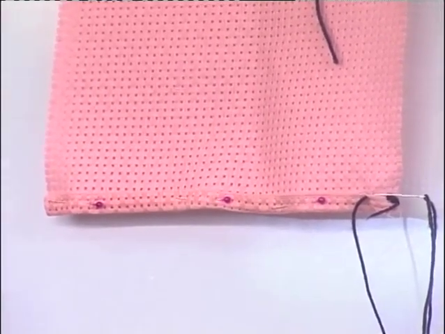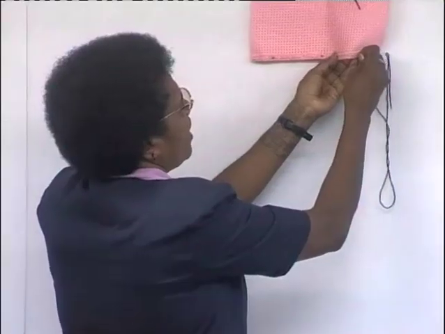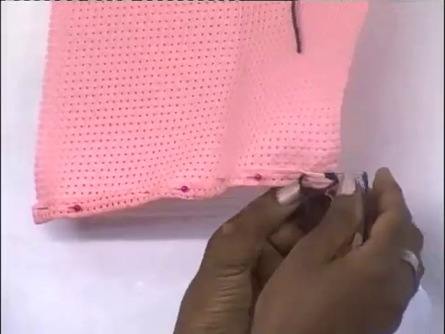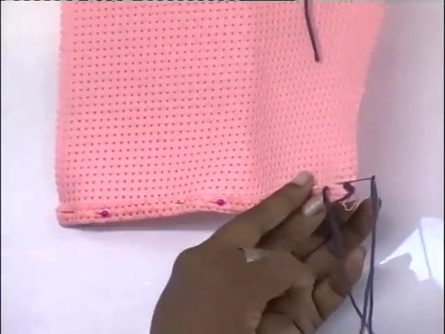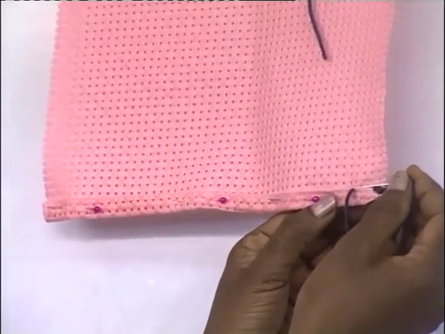Now let's see what 5 says. Step 5 says, continue in this way with a slip of 1 centimeter and then a hem stitch. Okay, so we are going to continue that way. My needle is now in the folded hem.